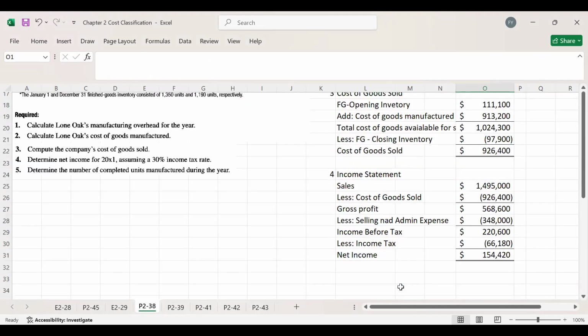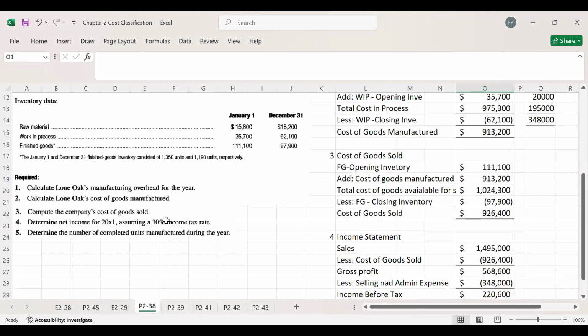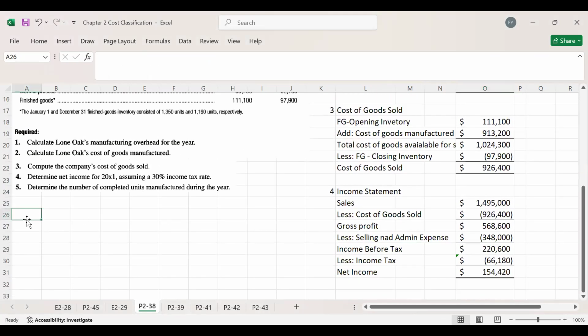One requirement is also remaining: determine the number of completed units manufactured. We have total units sold, and we calculate it this way. We have units at start, we add units completed or units produced, and then we deduct units at end.